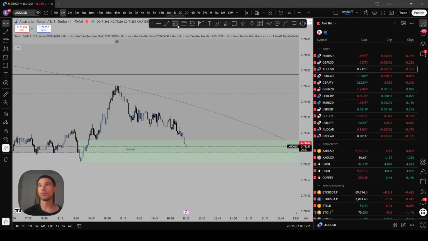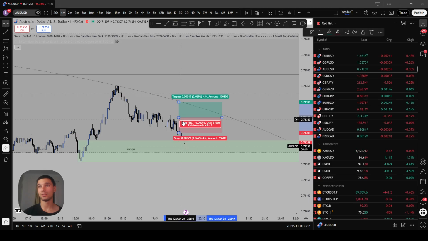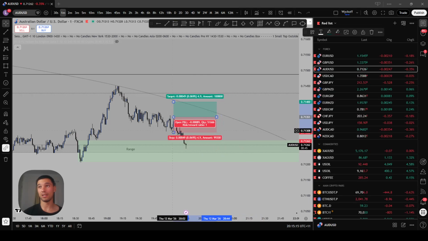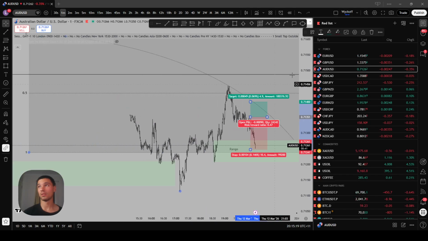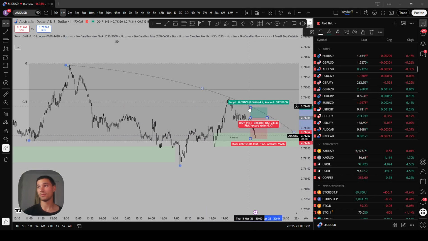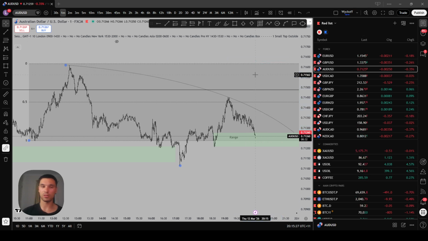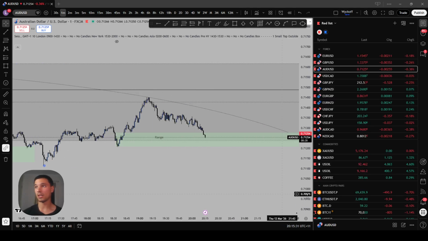It's not pretty, because should price come up and break structure here, you can only enter earliest here. We've already retraced pretty deep, so you're looking at about a 2.5 R.